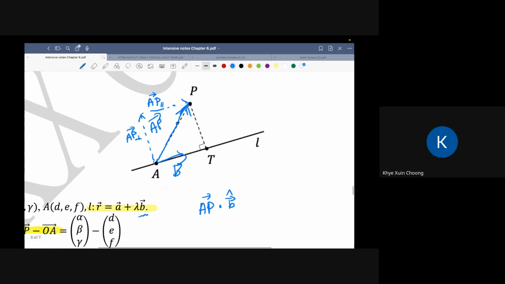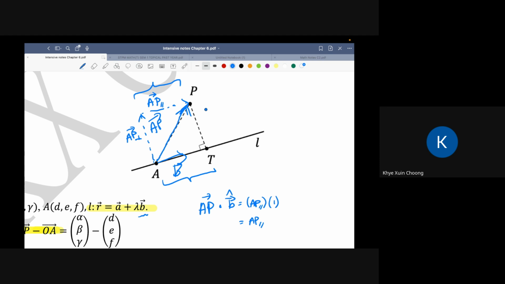So what you get is the magnitude of AP parallel multiplied by B cap. The magnitude of B cap is 1, then you'll get AP parallel. So AP parallel is actually equal to AT, the length of AT. So we want to find this AT first.